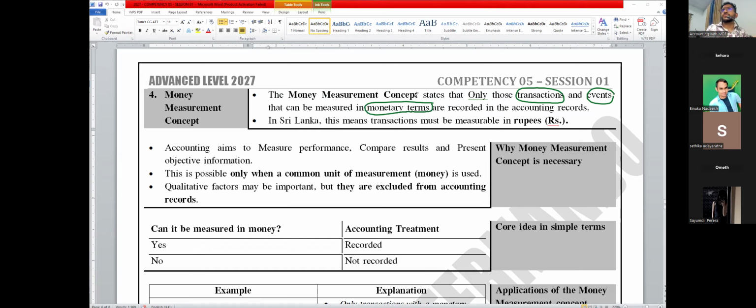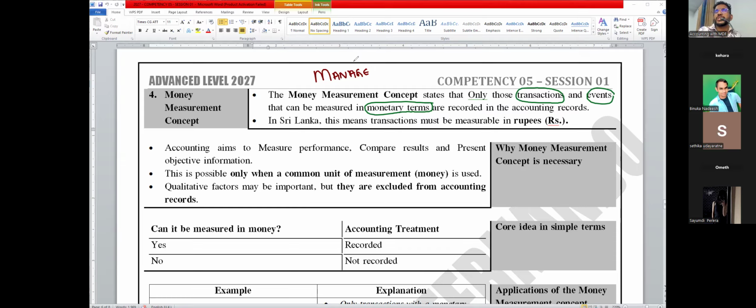Now think about this way. There is a business, and in that business, there is one experienced manager, who is immensely experienced. But we have a problem.